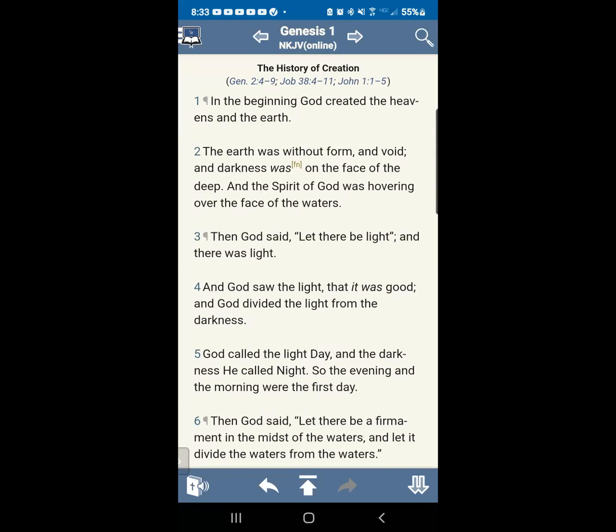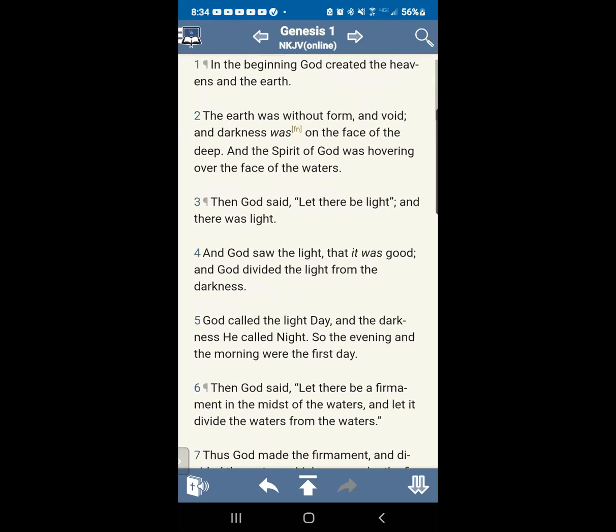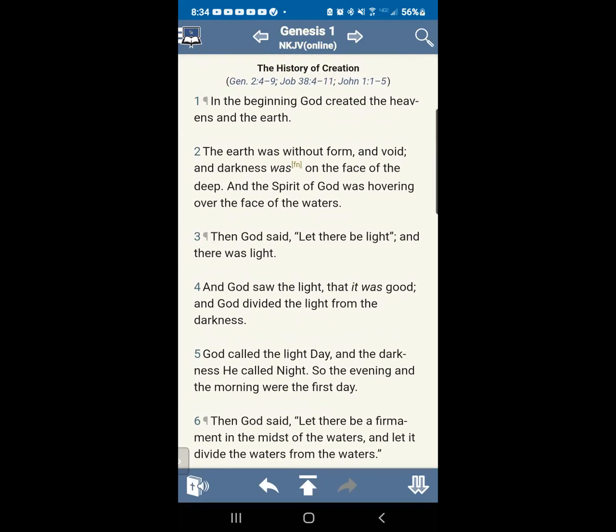Okay. So now any physicist would look at this and say, well, obviously you can't create something without mass, so mass would have to be before matter. And space, seeing here in the beginning, space and time would have to be there in order for there to be a beginning.